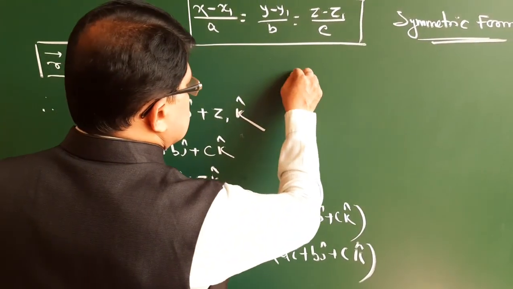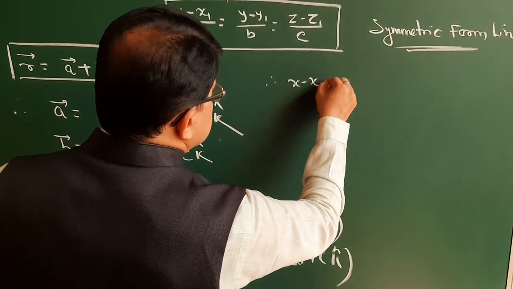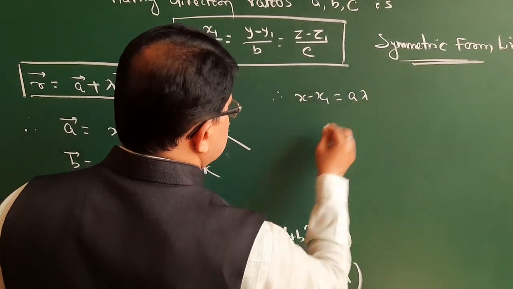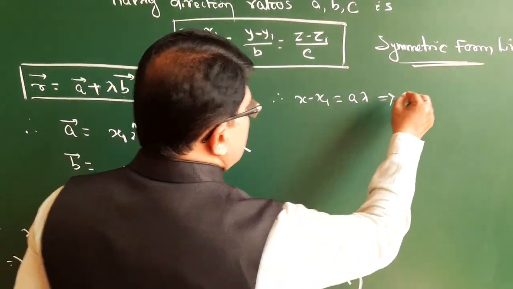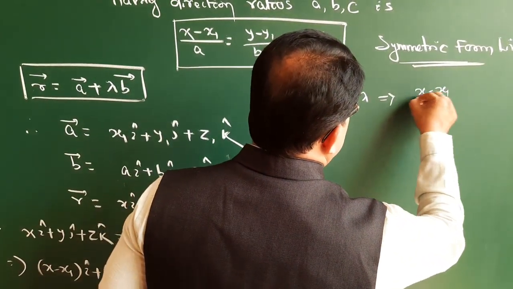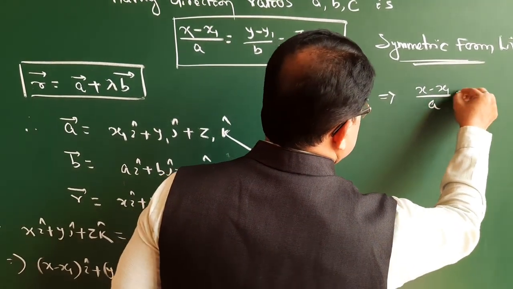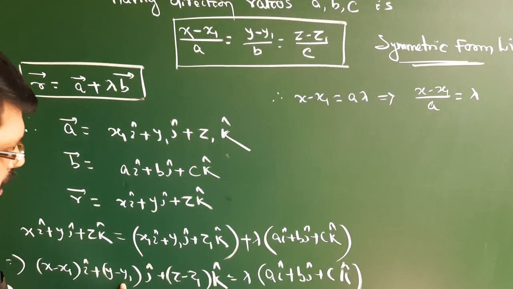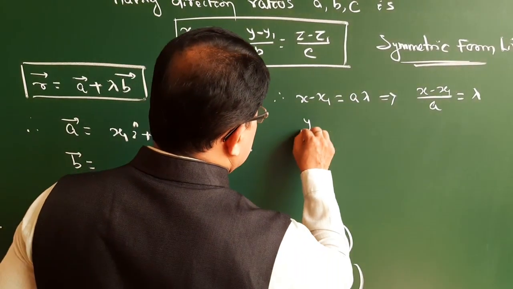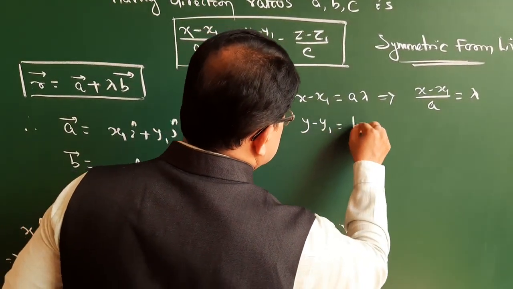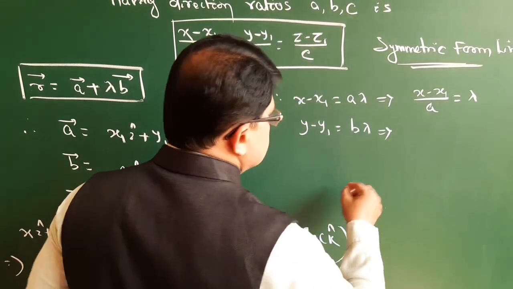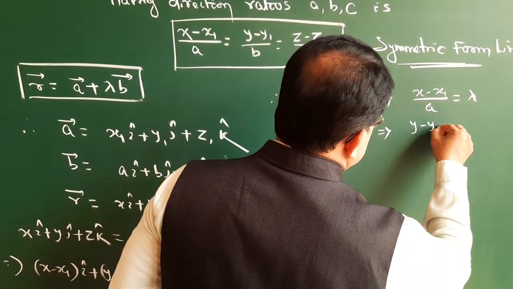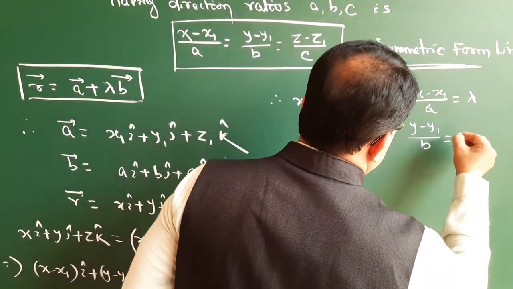So equating the two vectors, what will we get? We will get x minus x1 is equal to a into lambda. This implies x minus x1 divided by a is lambda. Another, equating the coefficient of j, y minus y1 is b into lambda. This implies y minus y1 divided by b is also lambda.